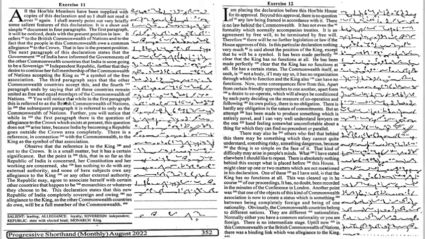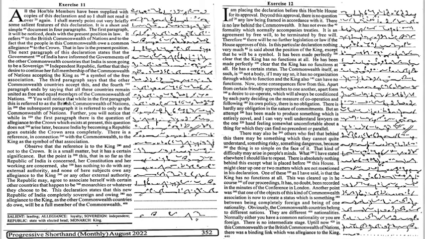Observe that the reference is to the king and not to the crown. It is a small matter, but it has a certain significance. But the point is this, that in so far as the Republic of India is concerned, her constitution and her working are concerned, she has nothing to do with any external authority, and none of her subjects owe any allegiance to the king or any other external authority.